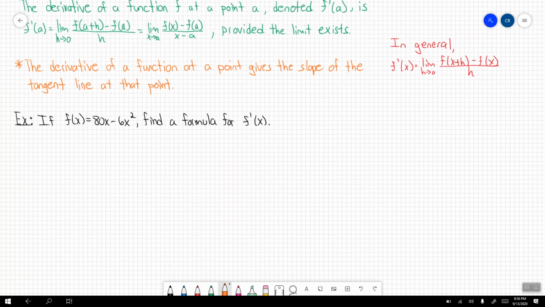Whichever one we use, it should lead us to the exact same answer. So if we're looking for f prime of x, we're looking for the limit as h approaches 0 of f of x plus h minus f of x, all divided by h.